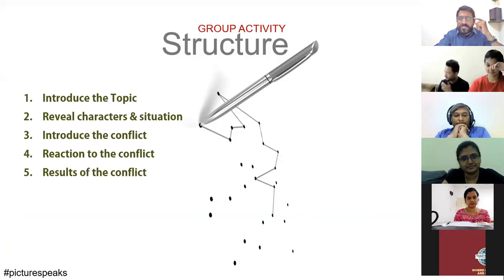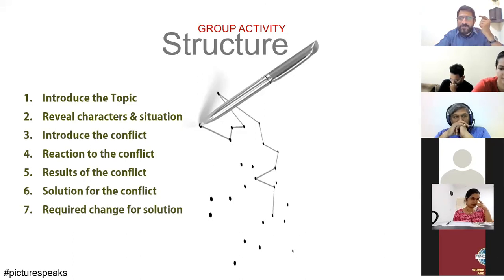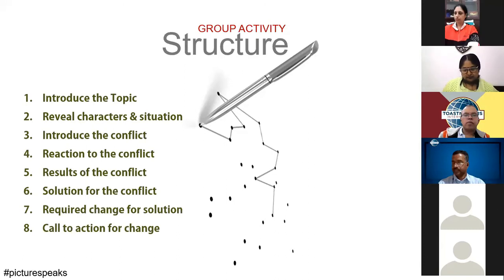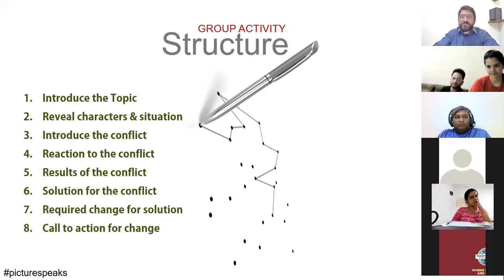Then comes the result of that conflict, and the solution for the conflict. What was the required change for the solution? What did you do differently? Or what did others tell you to do differently that you incorporated? Then tell others to go for the action. So this is one classic way of writing your speech.